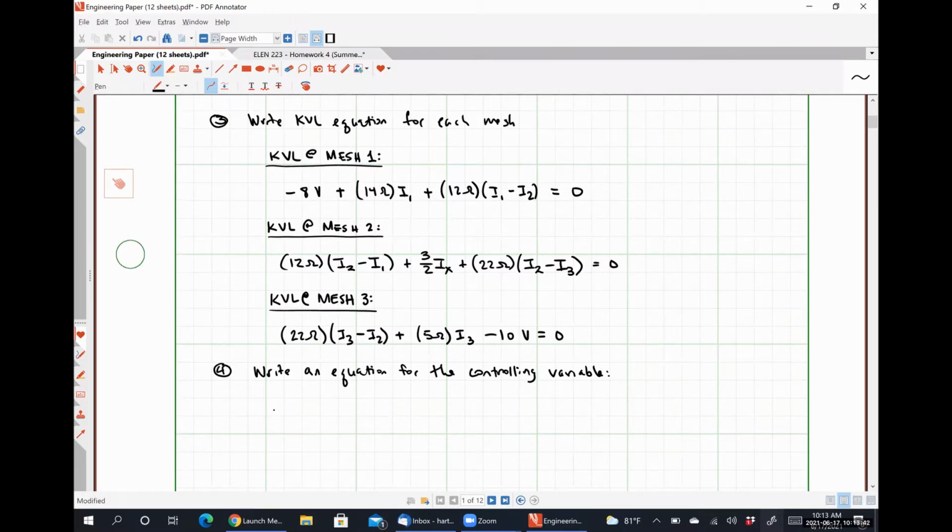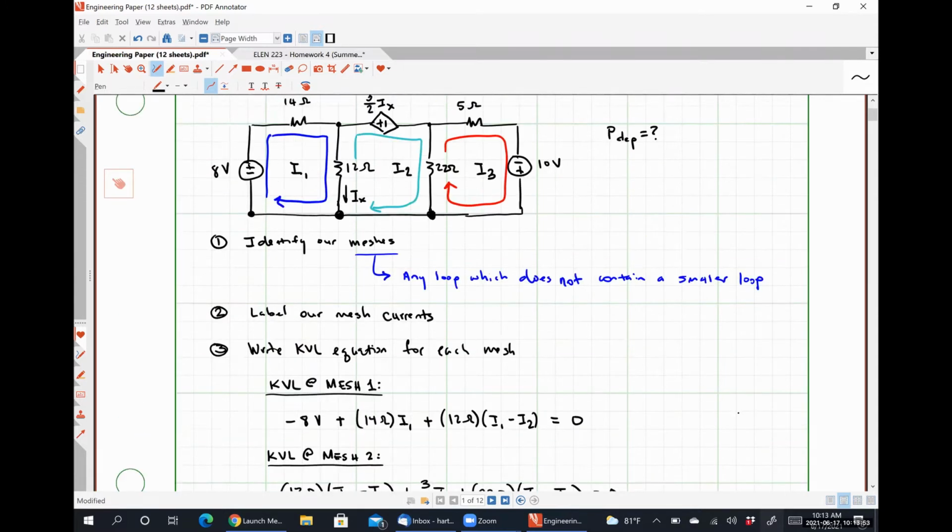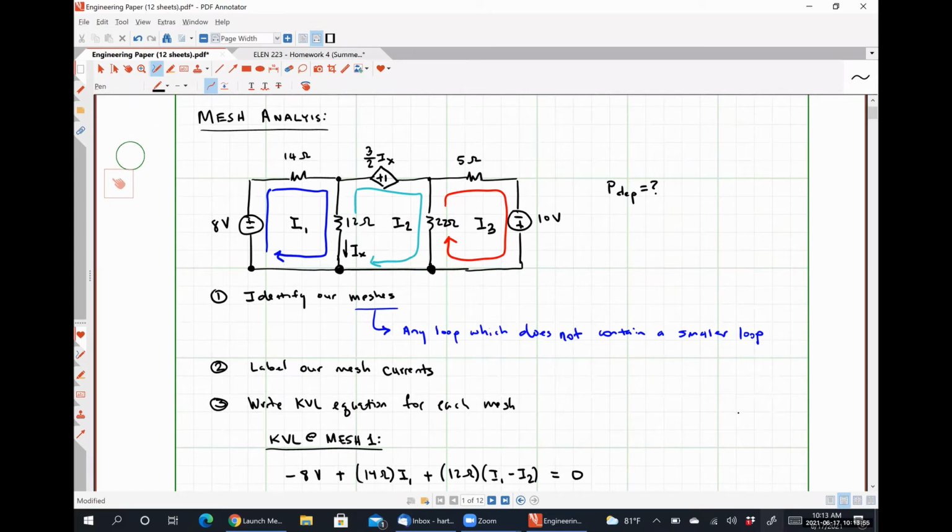So I'm going to write an equation that expresses Ix in terms of my mesh currents. So let's look at our circuit diagram. Ix is the current flowing down through the 12 ohm resistor.